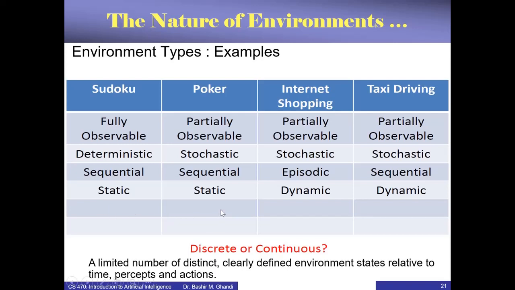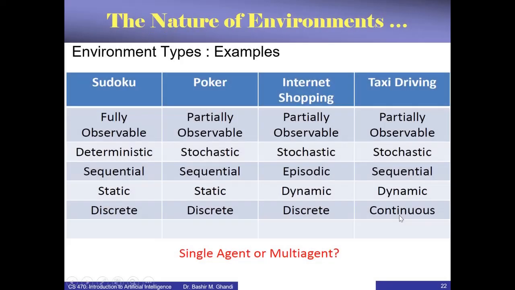Similarly, poker game, it doesn't change with time. Internet shopping is a discrete environment, and the taxi driving, on the other hand, is continuous. So this is the answer for this one: discrete, discrete, discrete, and continuous for the taxi driving.